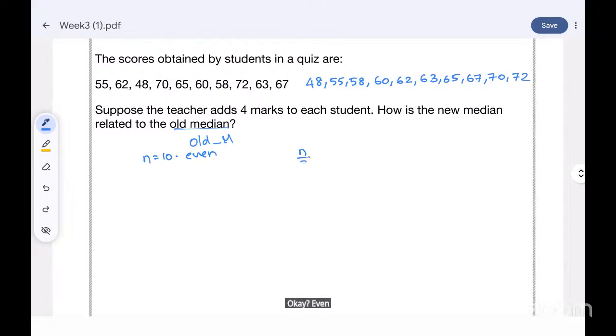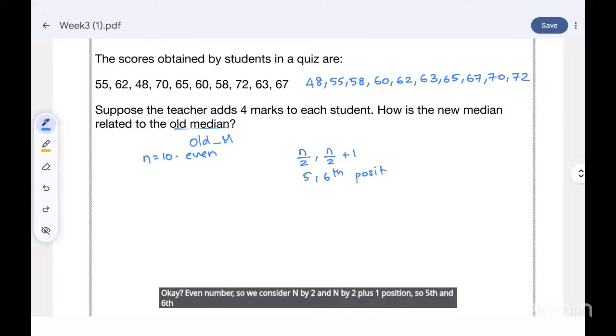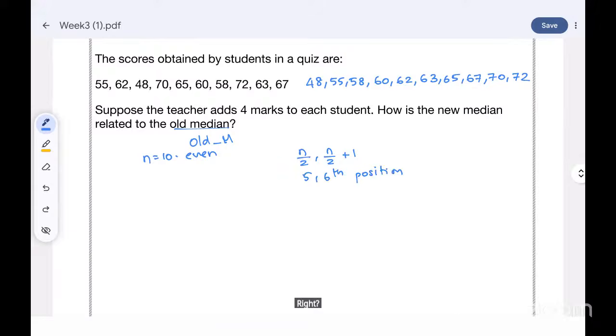So we consider the n by 2 and n by 2 plus 1th positions, so the 5th and 6th positions. Here the 5th and 6th values are 62 and 63, so the median is 125 by 2.